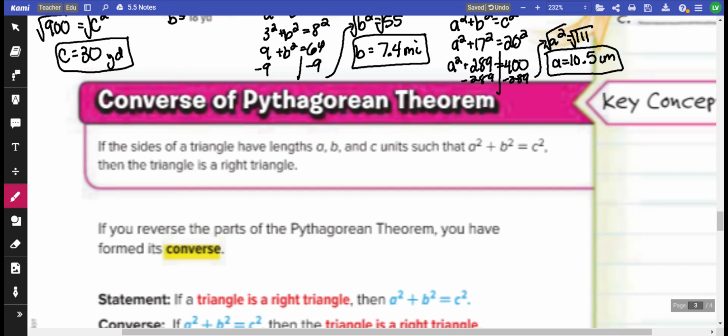So let's look at the converse of the Pythagorean theorem. If the sides of a triangle have lengths a, b, and c units, such that a squared plus b squared equals c squared, then the triangle is a right triangle. So basically that just means they have to work with the Pythagorean theorem for it to be a right triangle.